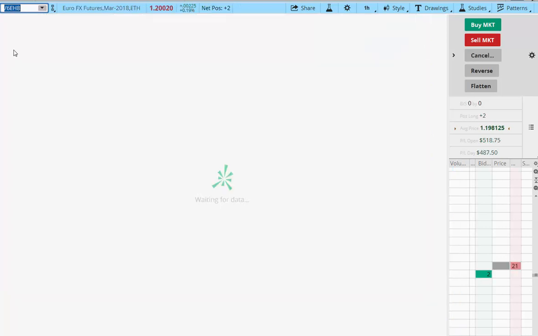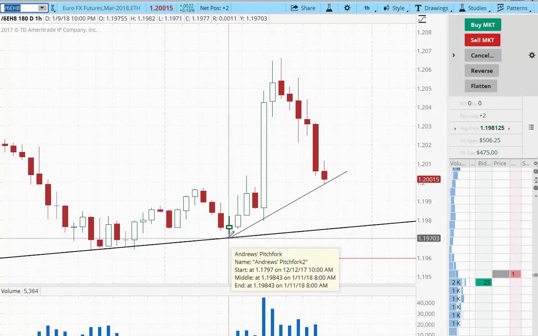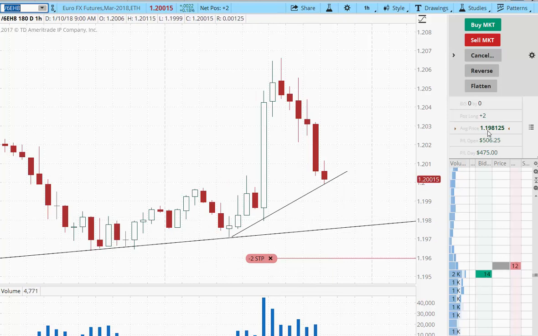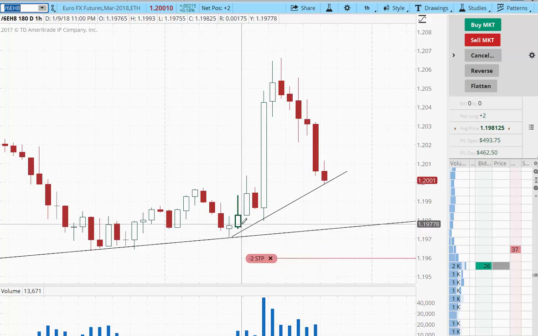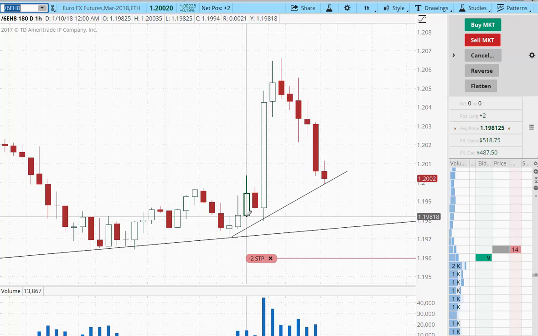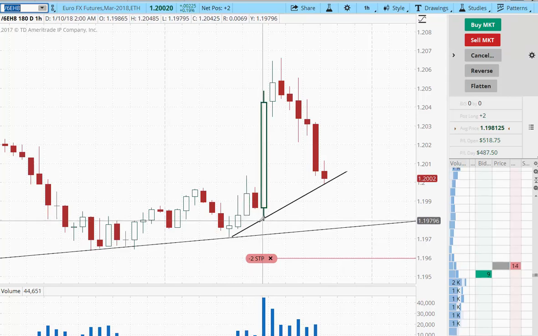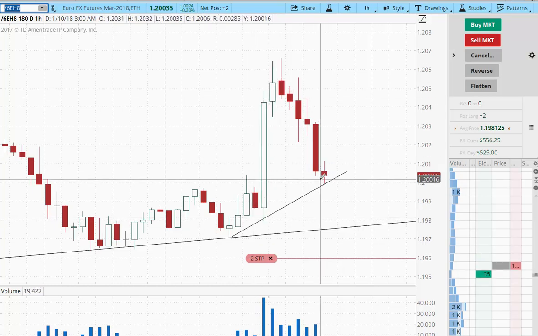Let's see what else we have on. Okay, here we go. So here we got in at 1981.25. Let's see, where would that be? Oh, it's somewhere about here. And it's gone all the way up and come back down.